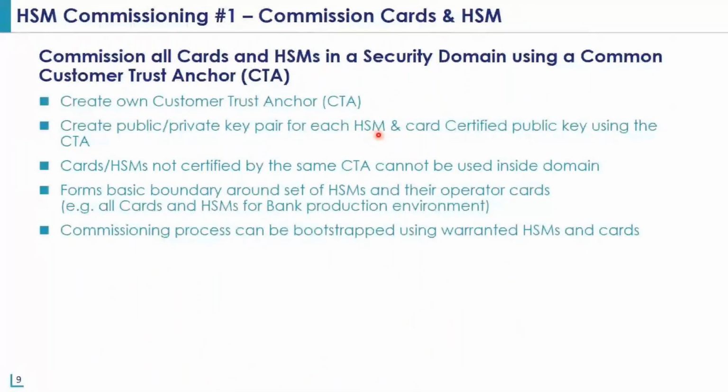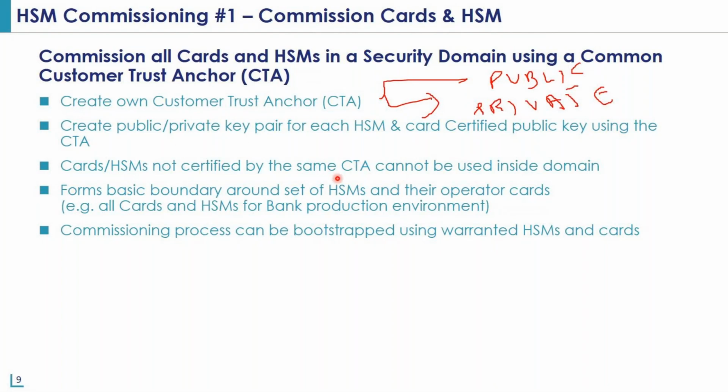So the first step is, if you have a new PayShield 10K, the first time you are using PayShield 10K, you will create your own Customer Trust Anchor. When I say you will create your own CTA, that means you will create your own public and private key pair. You will create this public and private key pair, and now you will certify your smart cards.